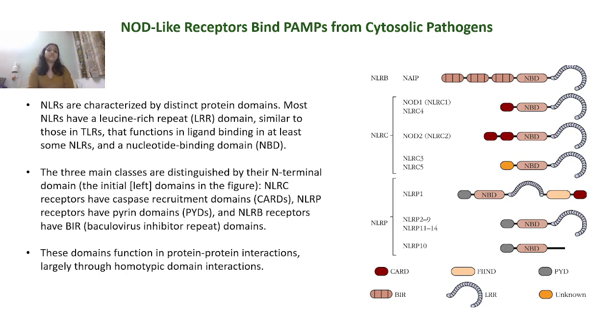They have a leucine-rich repeat domain, and a nucleotide binding domain, the NBD domain. You can see these are the LRR domains. This is the nucleotide binding domain. So this LRR will bind to the ligand.